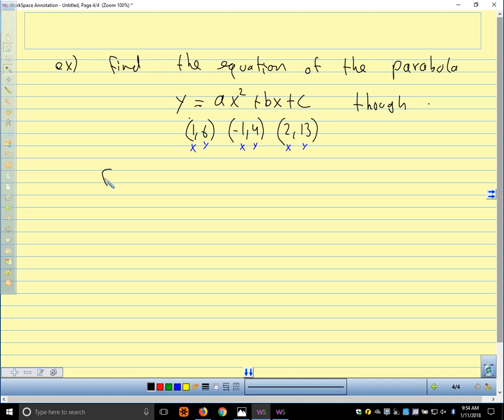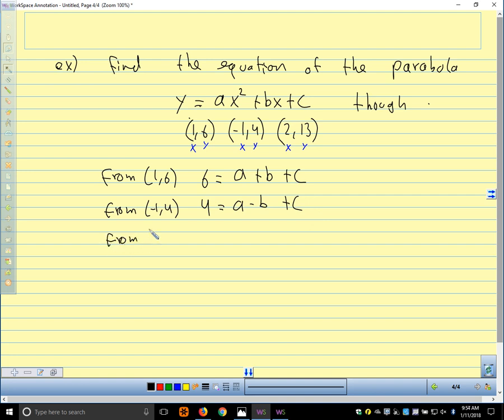So from 1, 6, we plug that in and we get 6 equals, x equals 1, a plus b plus c. From negative 1, 4, we get 4 equals, negative 1 squared is 1, so a, x is negative 1 here, minus b plus c.